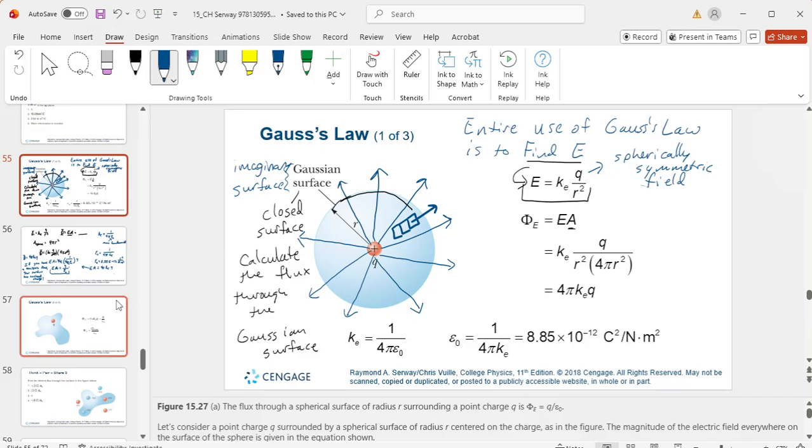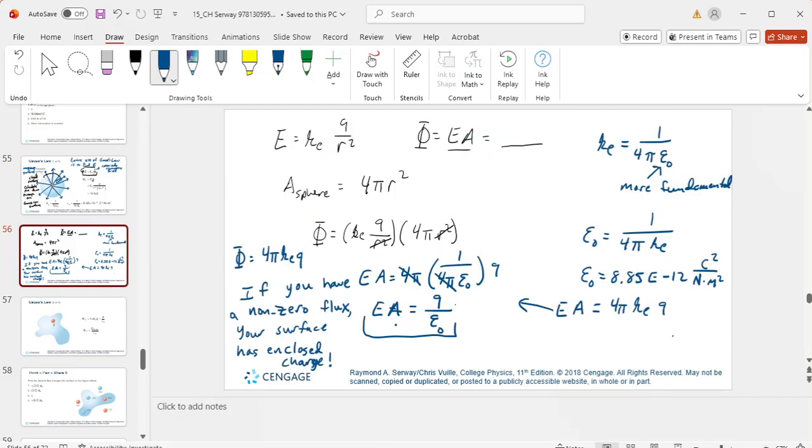But Gauss's law is generalizable. It doesn't matter what your charge distribution is, and it doesn't matter what the shape of your Gaussian surface is. You can have any shape you like. It just so happens it's easiest to do calculations with things like spheres and cylinders.